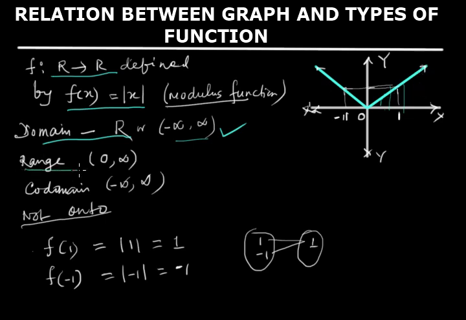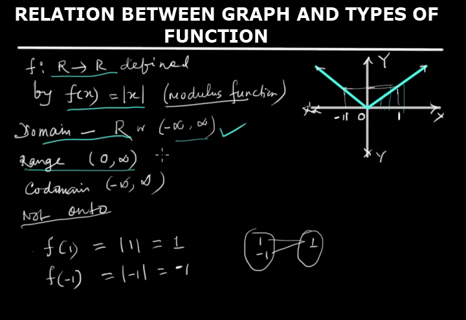And the range: we see the graph's bottom point is (0, 0), and then it is increasing. In the first quadrant and in the second quadrant, in all cases, the value of y is positive, and no part of the graph is coming to the negative side of the y-axis.